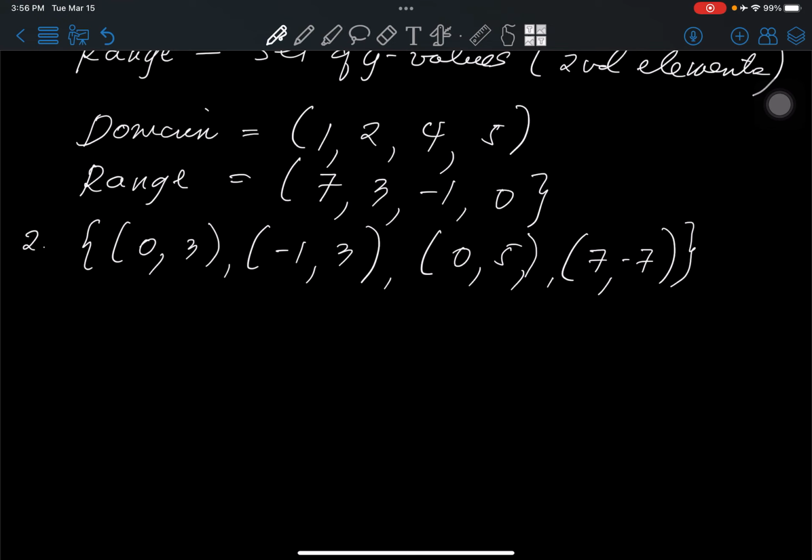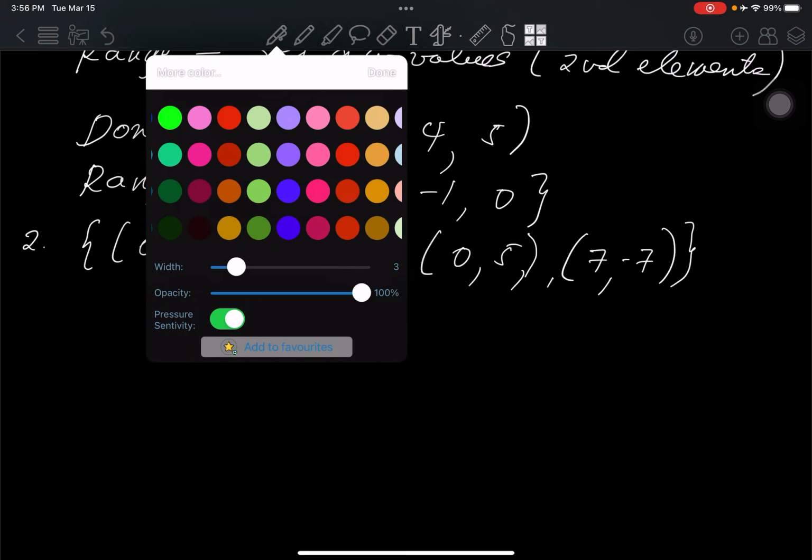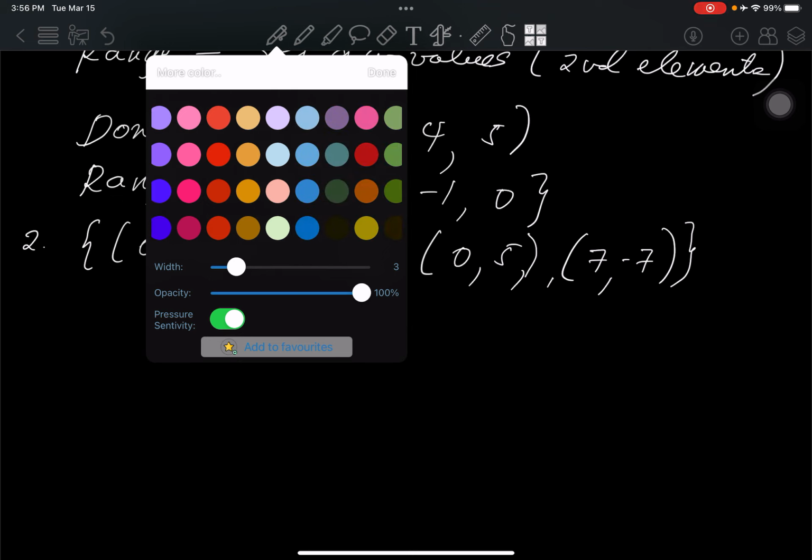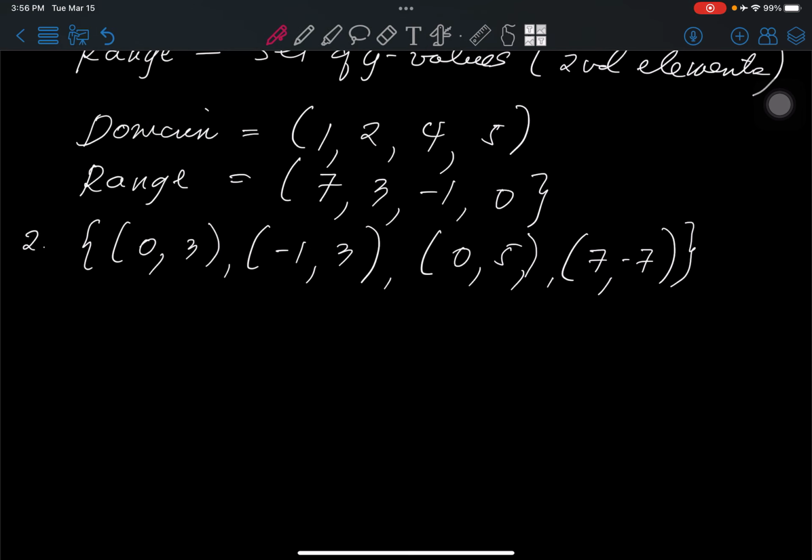To identify whether it's a function or a relation, you simply just have to concentrate on looking at your given x values. We have 0, negative 1, then again another 0, and we have 7.